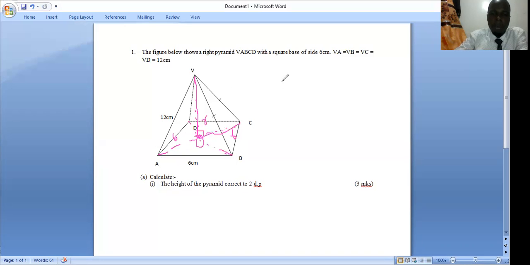So I can extrapolate it so that I have the first diagram, and I can have AC.